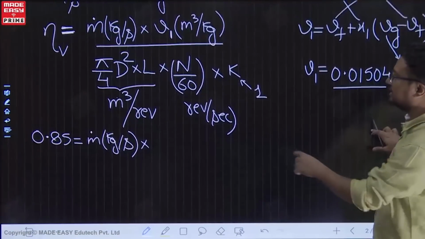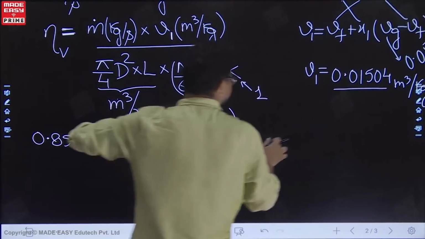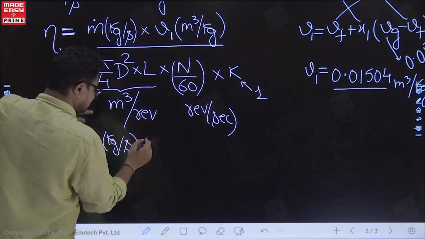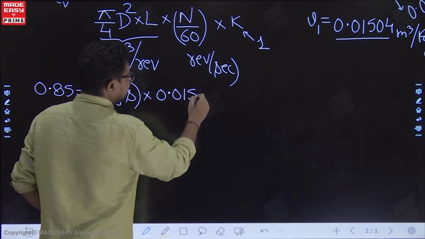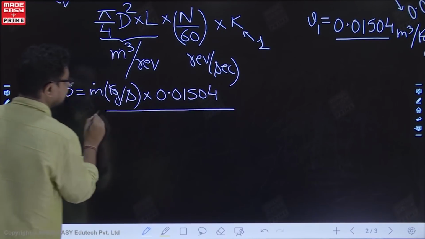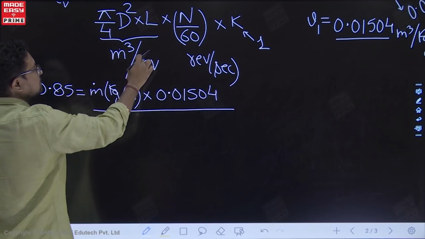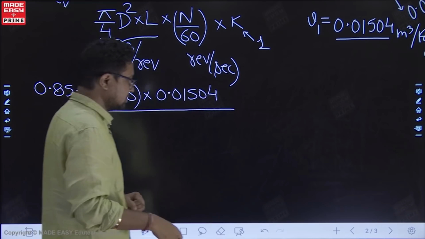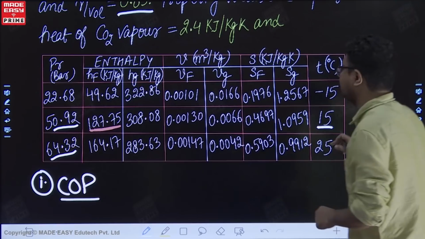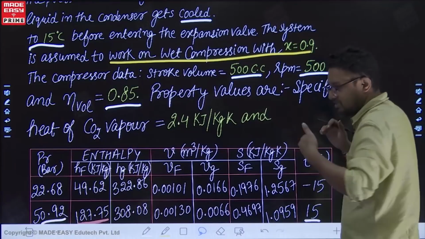Why were we calculating this? We have to keep it here and calculate the mass flow rate. So 0.01504 upon the swept volume per revolution. Let us see what has been given in the problem. Stroke volume, that is in one stroke.